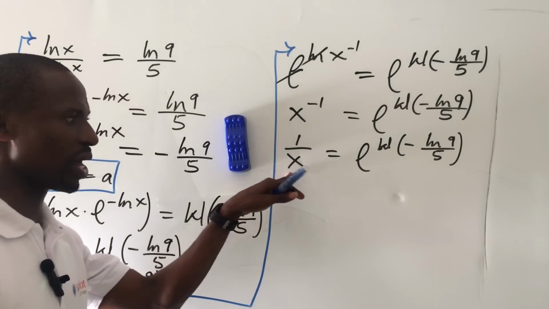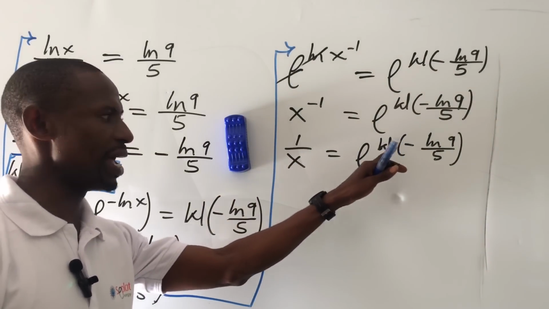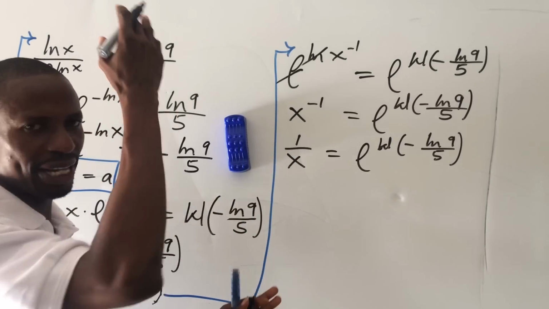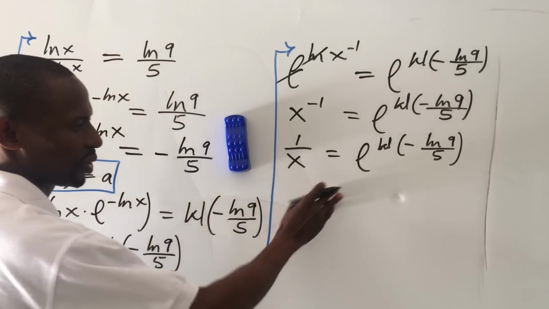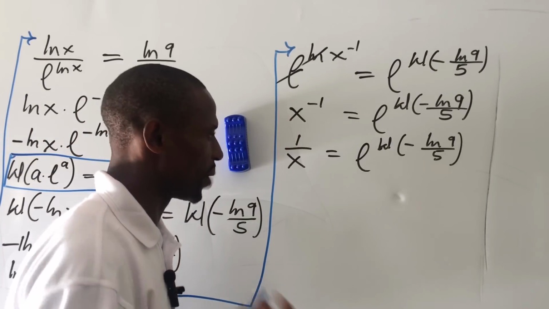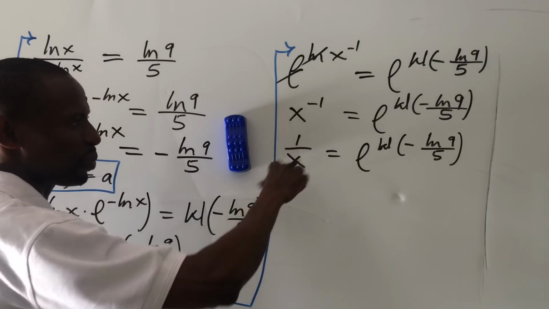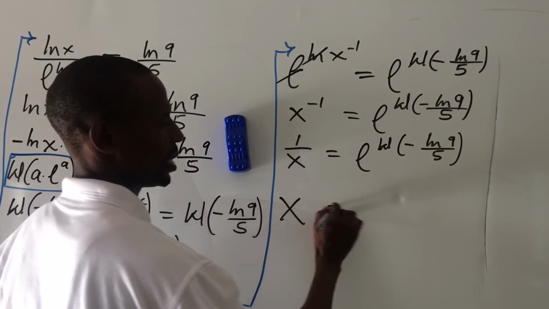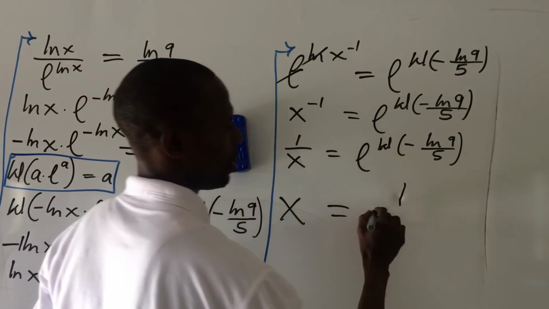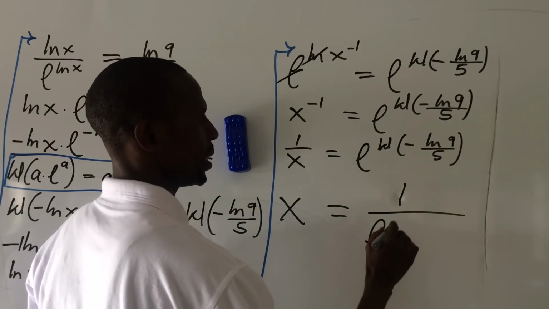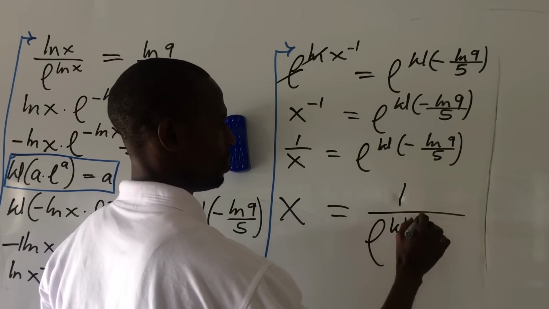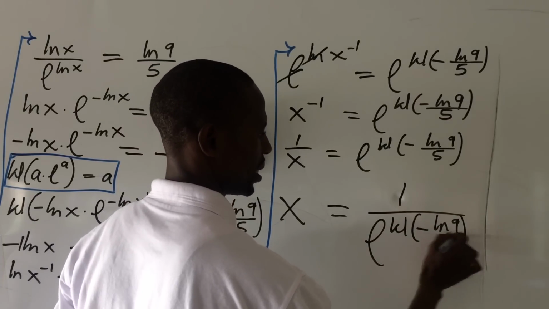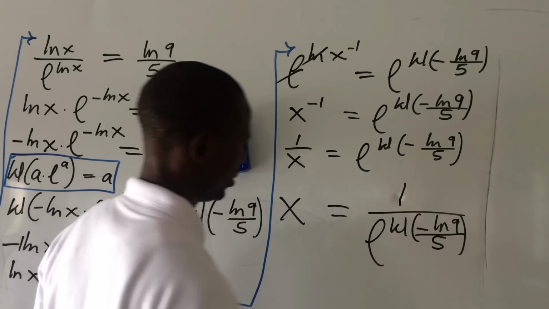Since we are looking for x, we can cross multiply, then 1 will stand on the other side, then divide through by this, and that will give us the value of x. But the shorter way is to find the reciprocal of both sides of the equation. If we do that, we're going to have x equal to 1 all over e to the power of W of minus the ln of 9, close bracket, all over 5.